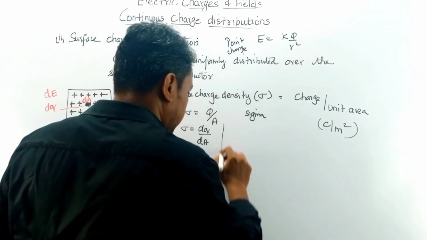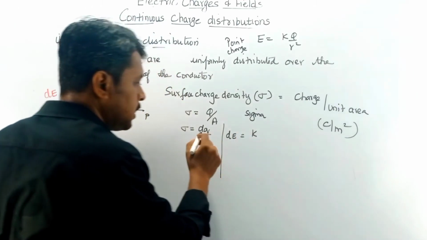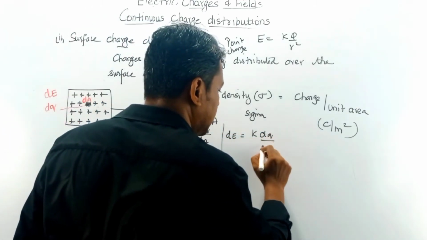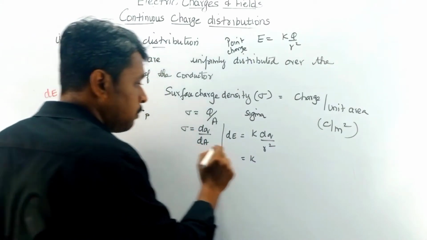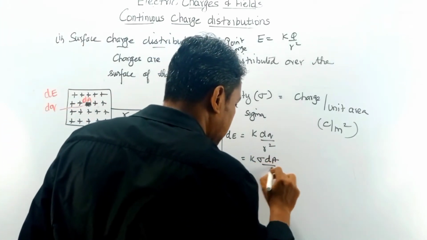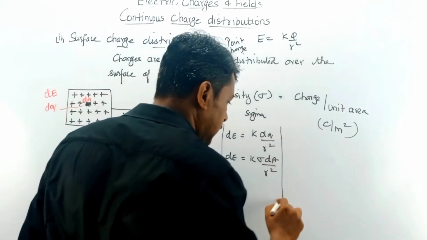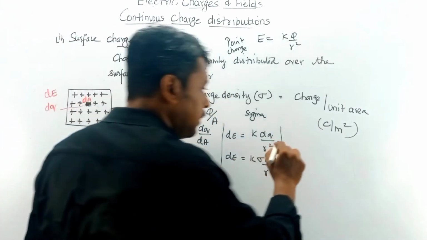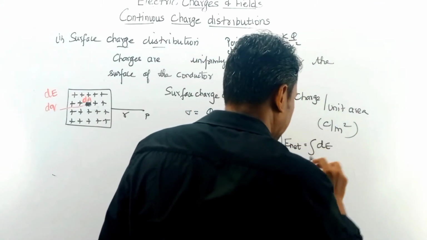So what is the value of electric field? You know, dE is k dq by r square. Instead of dq, we can replace it by sigma dA, so dE is k sigma dA by r square. After finding dE, to find the net electric field I have to integrate dE.